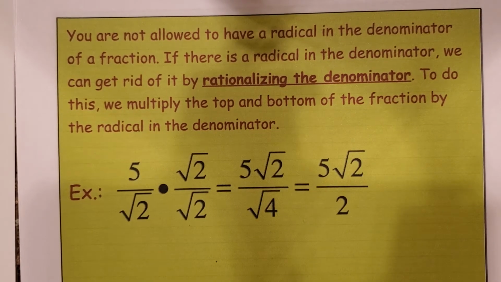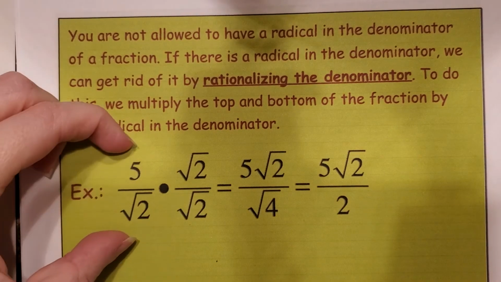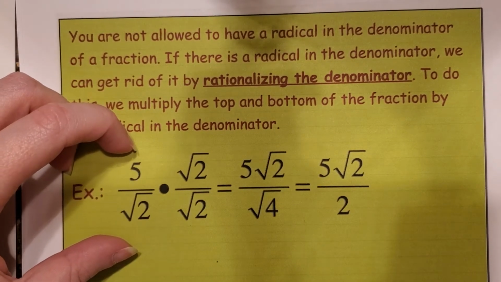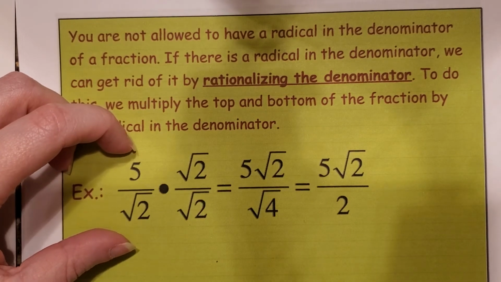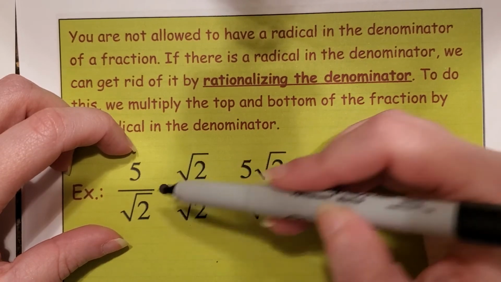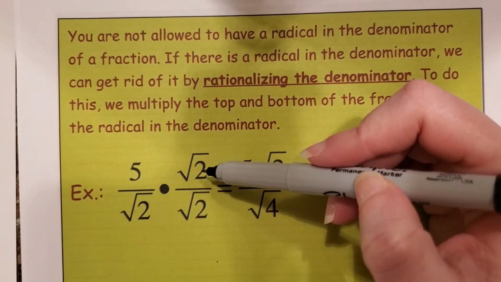All right, it's a pretty simple explanation that I have here. To do this, we multiply the top and the bottom of the fraction by whatever radical is in your denominator. So if this was the problem, 5 over root 2, and it said simplify or rationalize, the way you would do this is you would multiply both the numerator and the denominator by the square root of 2.